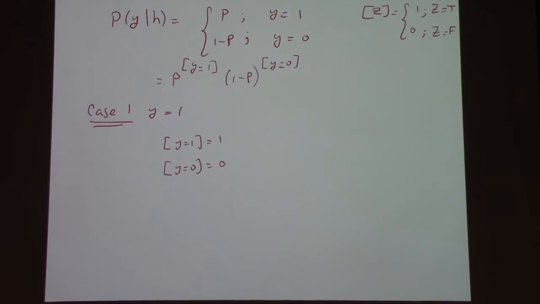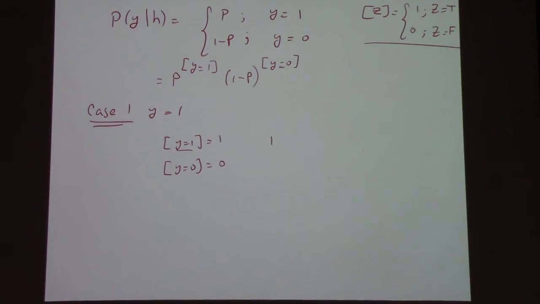If you think about it, you can actually derive the whole thing without using indicators. But an indicator is just a way of asking, is this proposition true or false? If it is true, then give me a 1, otherwise give me a 0. The proposition here is Y equal to 1. If it is true, the indicator is 1.